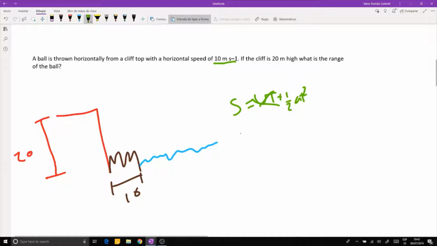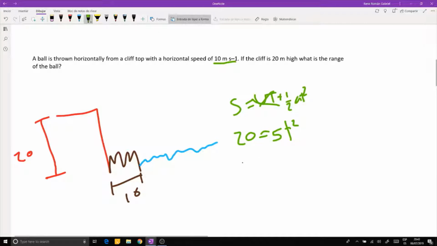Then it would still be 20 meters as the distance, and we add, no, not plus, it's just 1/2 AT squared, so 1/2 A. That A is acceleration, and the acceleration by gravity is 10 meters per second squared, so 1/2 of 10 is 5. So 5 times time squared.